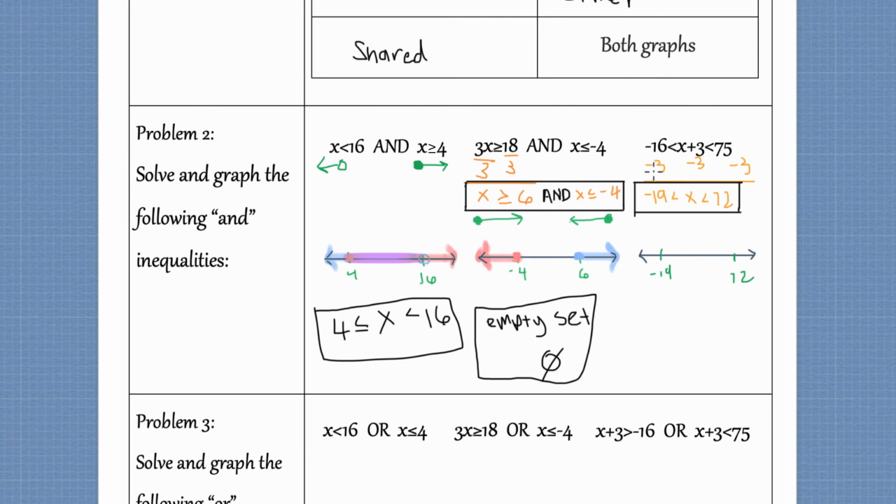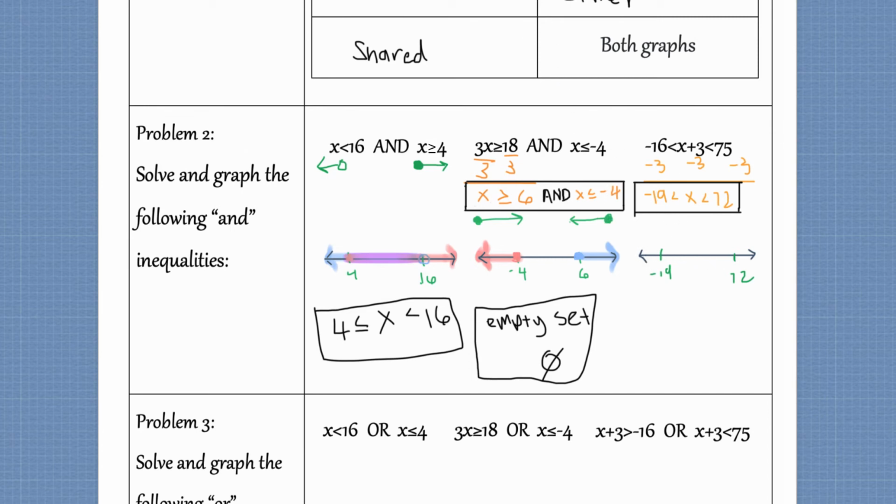And what this compound inequality is telling me is that the solutions of x are in between negative 19 and 72. But since we don't have the less than or equal to sign, that tells us that negative 19 and 72 are not actually part of the solution, just everything in between it is.